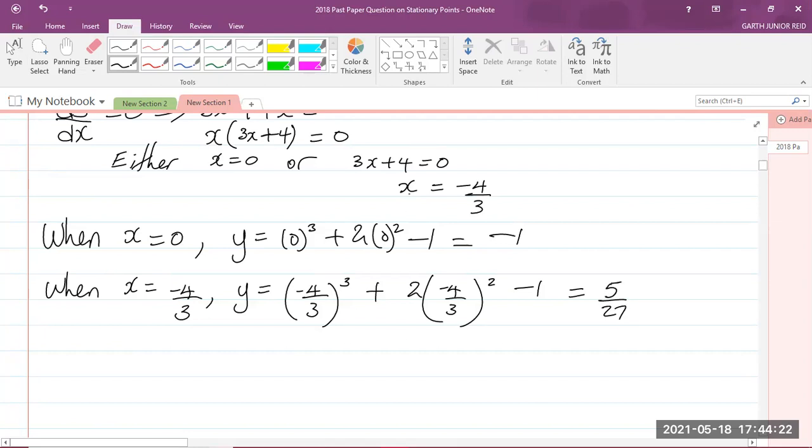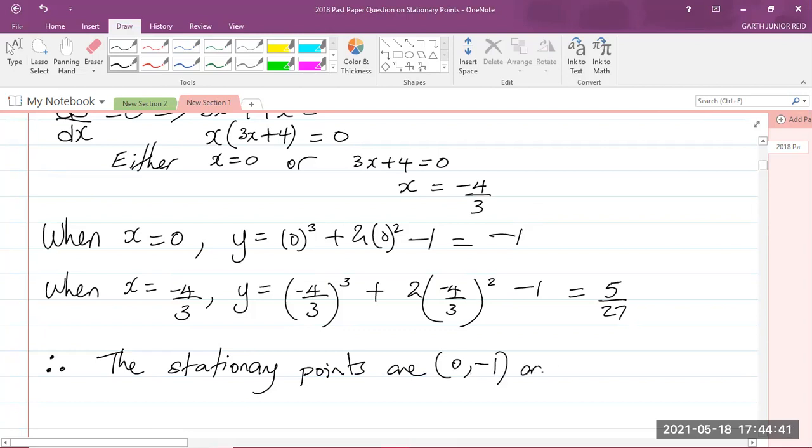So I can now say that therefore the stationary points are when x is equal to 0, y is equal to negative 1, and when x is equal to negative 4 over 3, y is equal to 5 over 27. And that is the solution for part 1 of the past paper question.